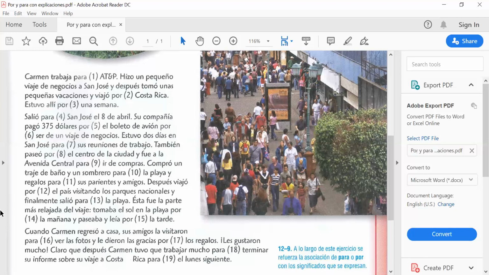So they have por and para already in the sentences for you. If you can see, number 1, they're telling you that the answer is para. Number 2, they're telling you that the answer is por.